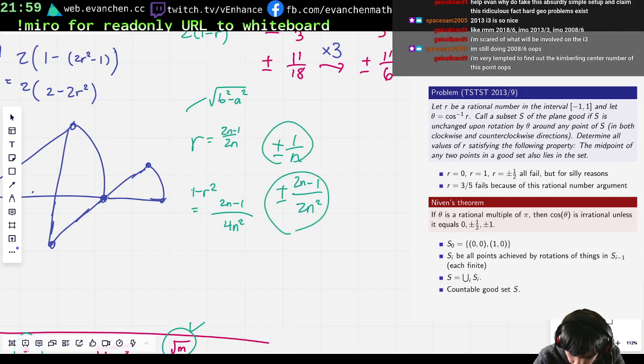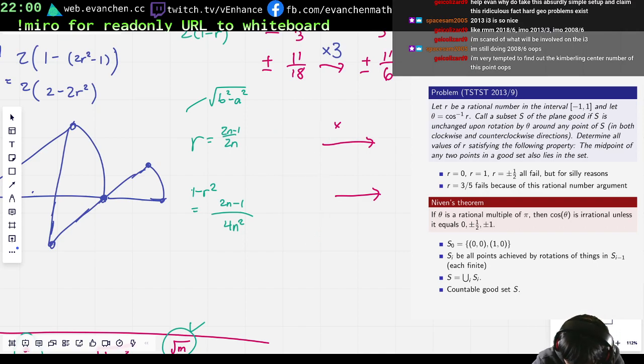And so if I am guessing correctly, this is going to be times... Let me write these in the same color for visual consistency. 2n minus 1 over 2n squared. This is 1 over n. This is 2n squared.